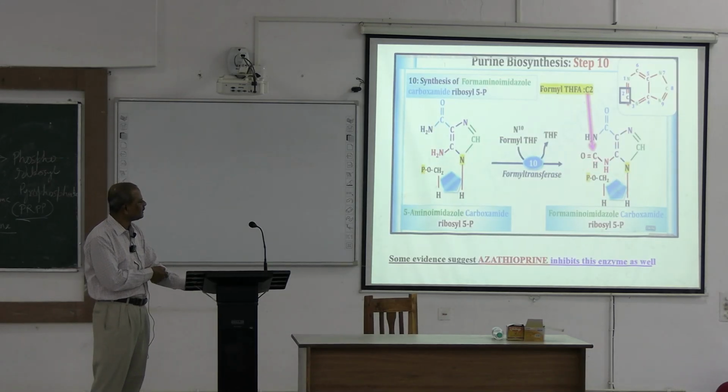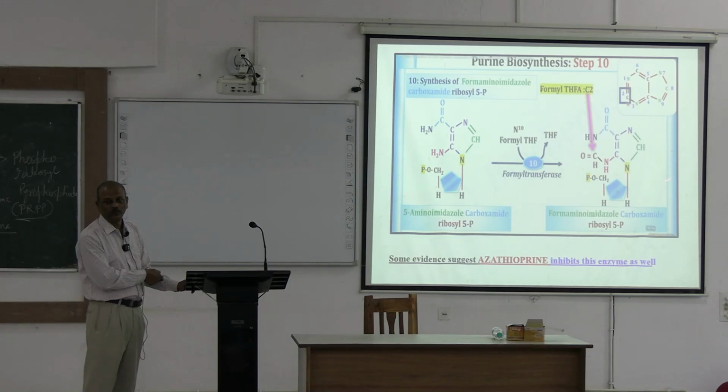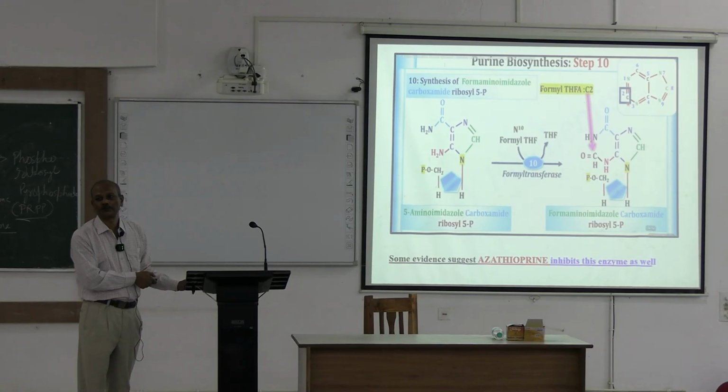So, last stage is formyl tetrahydrofolate C2, and now it is almost completing. This is a formyl group, that one carbon is always formyl group. Only thing that depends is what type of tetrahydrofolate is contributing, whether it is N5, N10 or it is N10 or it is N5, whatever it is.